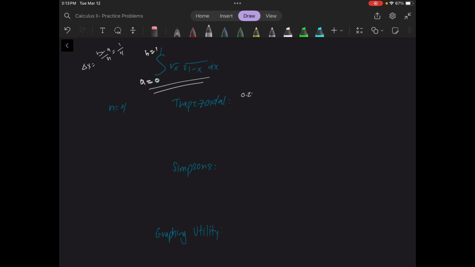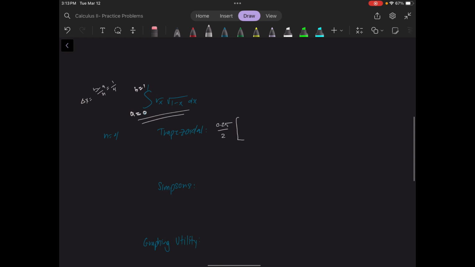So the width, delta x, is 0.25 over 2. And we figured out how that 2 got there from the formula of the area.